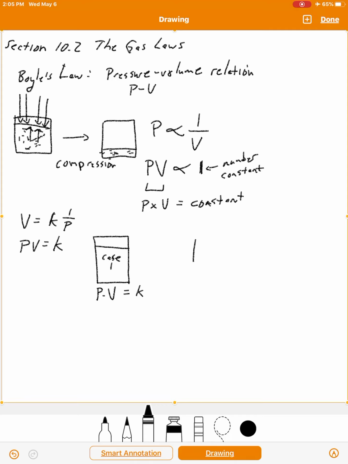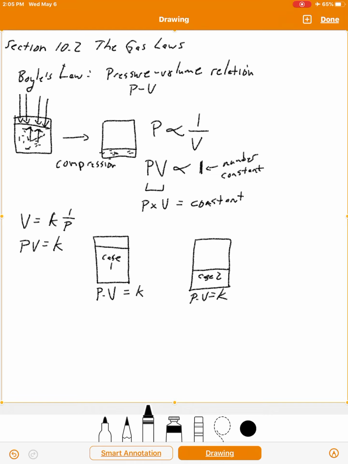Now suppose I compress the gas. So now it's occupying a smaller volume. We'll call this case 2. All right, situation 2. Well, it's also true here, right? If the pressure times the volume is a constant, it doesn't matter what the pressure is or the volume, the product of the two is a constant.